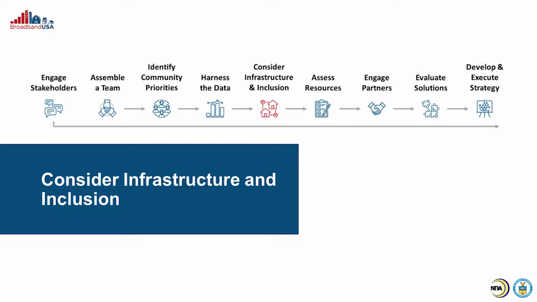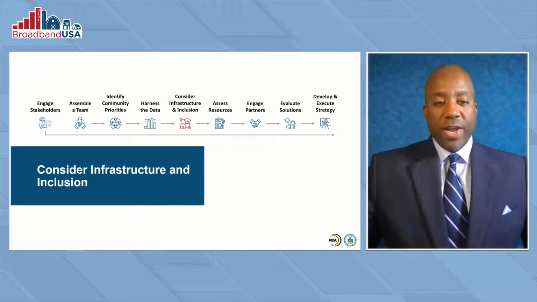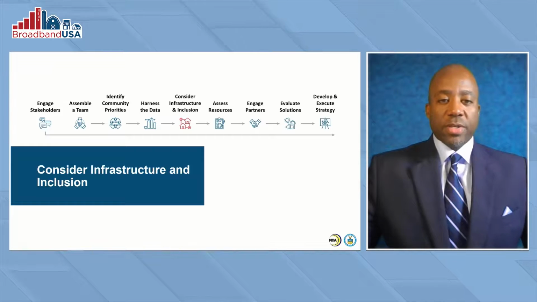And so, as I talked about at the top, any good solution, any good planning foundation and structure considers both infrastructure, the physical assets, and inclusion. That's the human capital portion, right? The people. And so we want to ensure that as we build and expand the physical assets, we have the people and that they're trained and they have devices and we're ready to go when that network is completed and in operation.